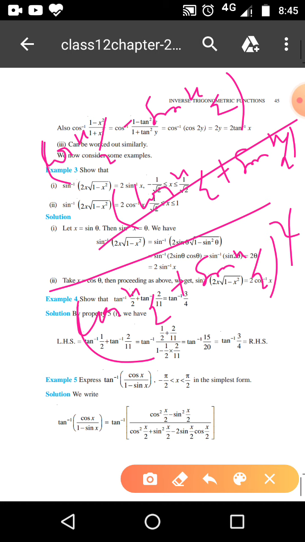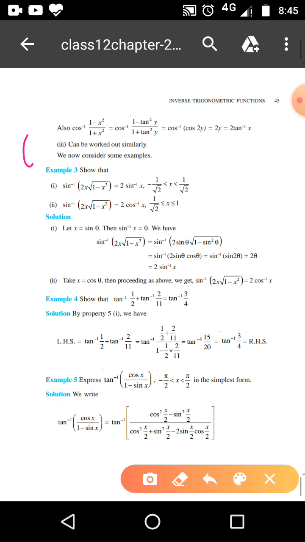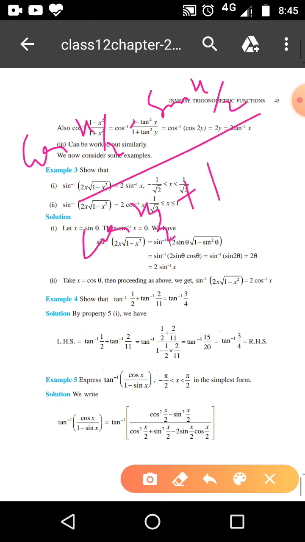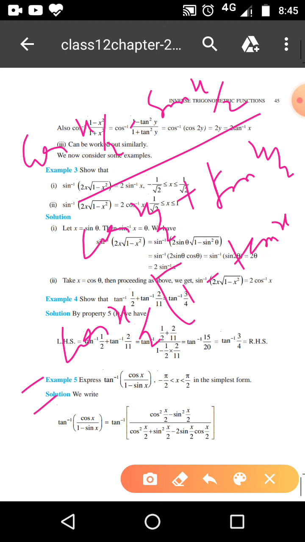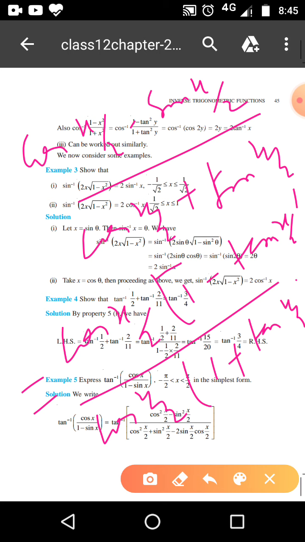After that your result is cos x by 2 minus sin x by 2 divided by cos x by 2 plus sin x by 2, and this can be written as cos x by 2 out of the bracket 1 minus tan x by 2, divided by cos x by 2 out of the bracket 1 plus tan x by 2, and this is cancelled out.